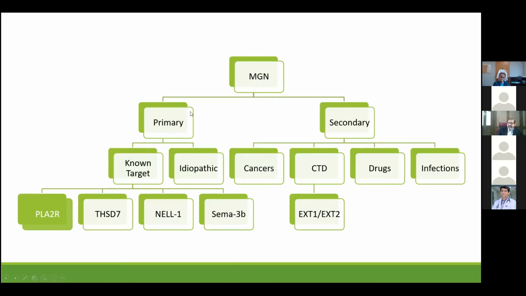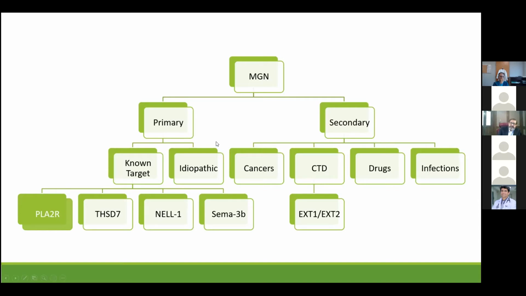And secondary was secondary to cancers, connective tissue disorders, drugs, infections. So if somebody had lung cancer, they could present with membranous. If they had lupus, they could present with lupus membranous. Several drugs were implicated, and infections like hepatitis B, hepatitis C, etc., could cause membranous nephropathy.